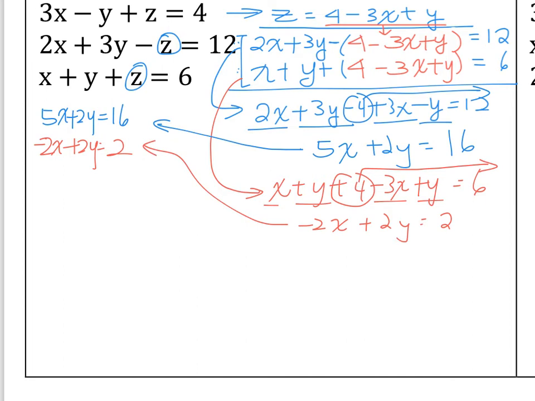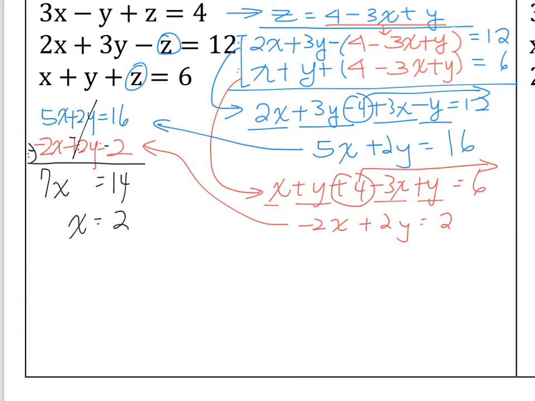And I'm going to choose subtraction because positive minus positive gives me a 0 for 2y, so I can cancel this out. 5x minus negative 2x is positive, so it will be 7x. 16 minus 2 is 14.